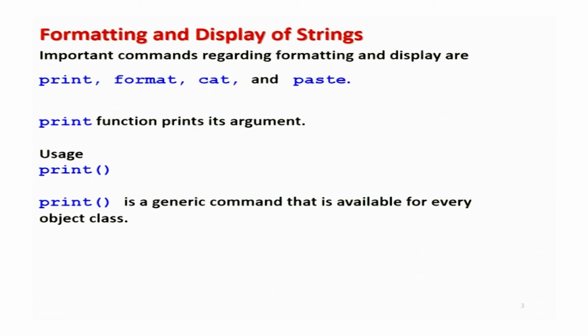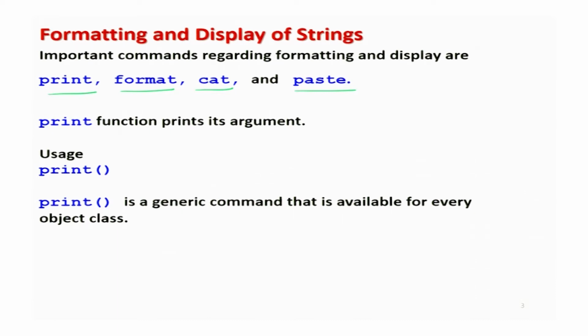In R software we have a couple of commands which help us in doing so, for example, print, format, cat, paste, etc. We are going to learn about all these options one by one, and I will take a couple of examples to explain how the outcomes of these functions will look.